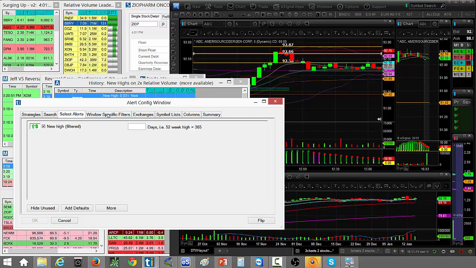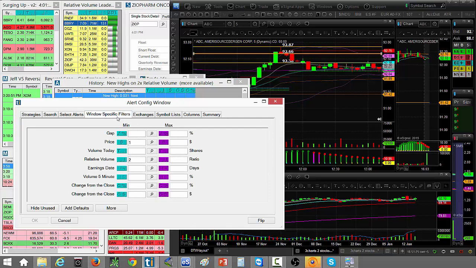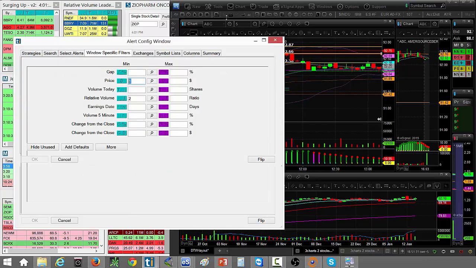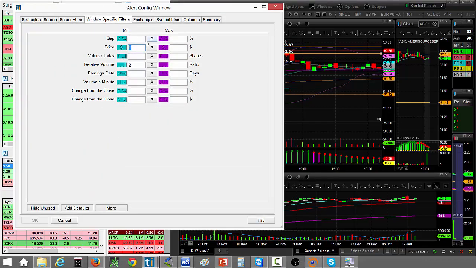Let's do window specific filters. All right, so price range. This is where we start adding some of our filters. I'm going to say a price range of, let's just say $3 up to 200. Volume today should be at least 500,000 shares.